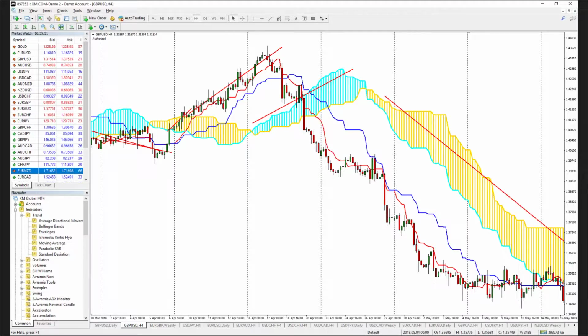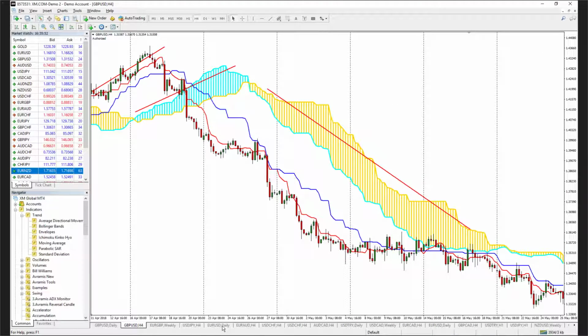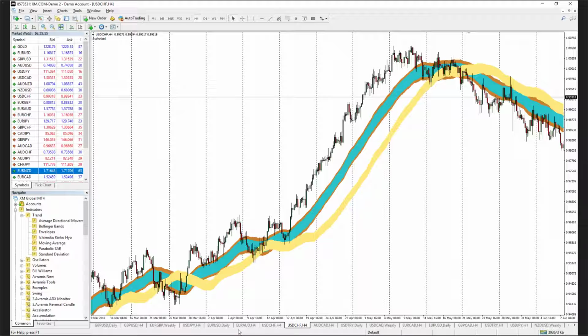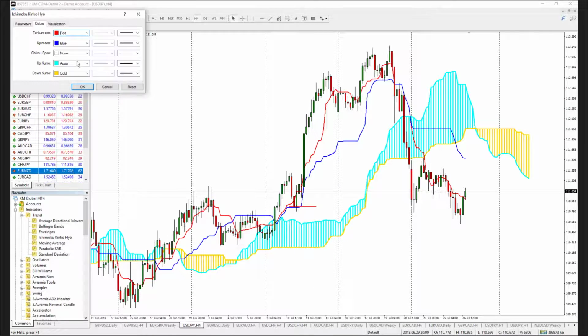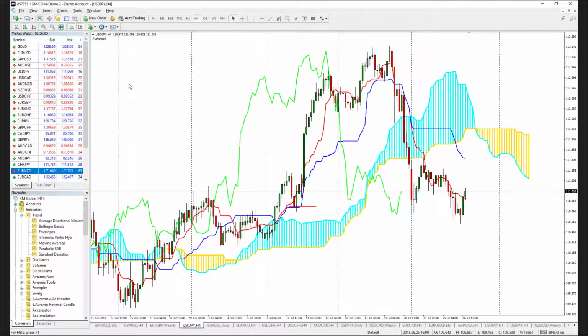So let's go find a live chart to look at this in. Let me also put that Chiku span on. A buy signal is given when the Chiku span crosses above the closing price 26 periods ago.